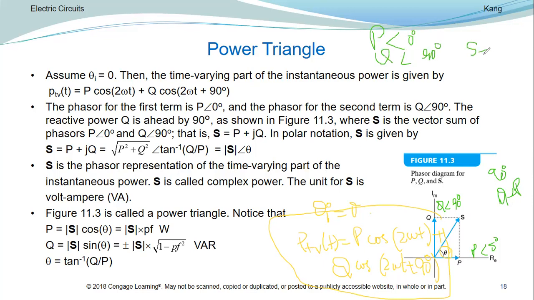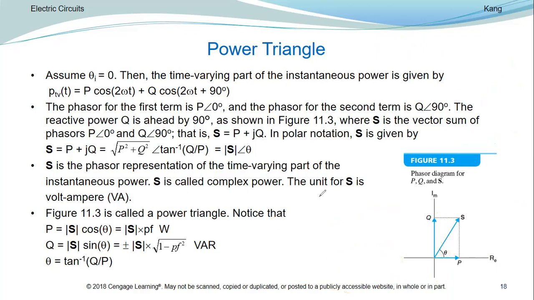So we can write S equals P plus jQ. The magnitude of S equals the square root of P square plus Q square, and the theta value equals tan inverse of Q upon P. P must be equal to the absolute value of S cos theta, and Q equals S sine theta, where S is the power with the vector diagram.